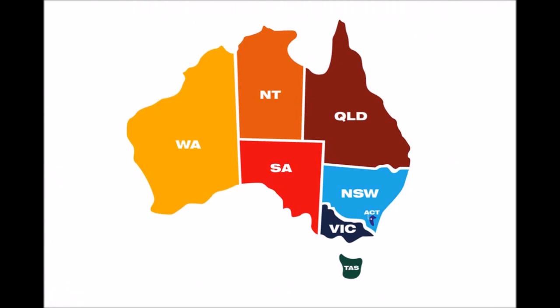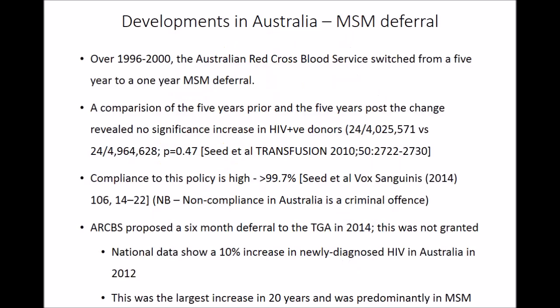And now I come again, towards the end of my talk, to very briefly looking at us. And I was, for many years, the guardian of the Australian policy. Now, in 1996 to 2000, we gradually, gently, I remember this very well, switched from a 5-year to a 1-year deferral.